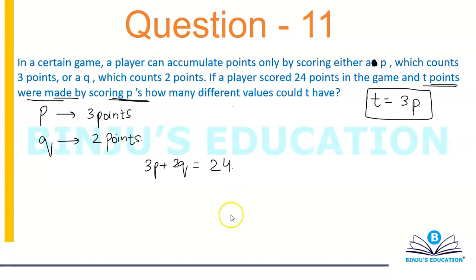So let's understand again what we are supposed to do here. We're going to write P and Q. Now P and Q can't be negative. It can be 0 because you're either scoring a P or a Q, right? You can't score a negative Q, that's not possible.